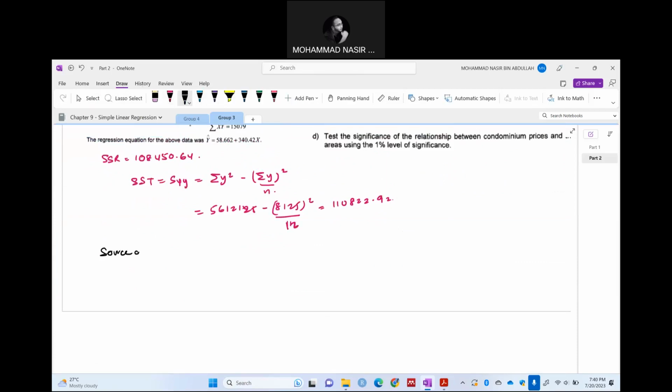Source of variation, sum of square, degree of freedom, and we have mean square.